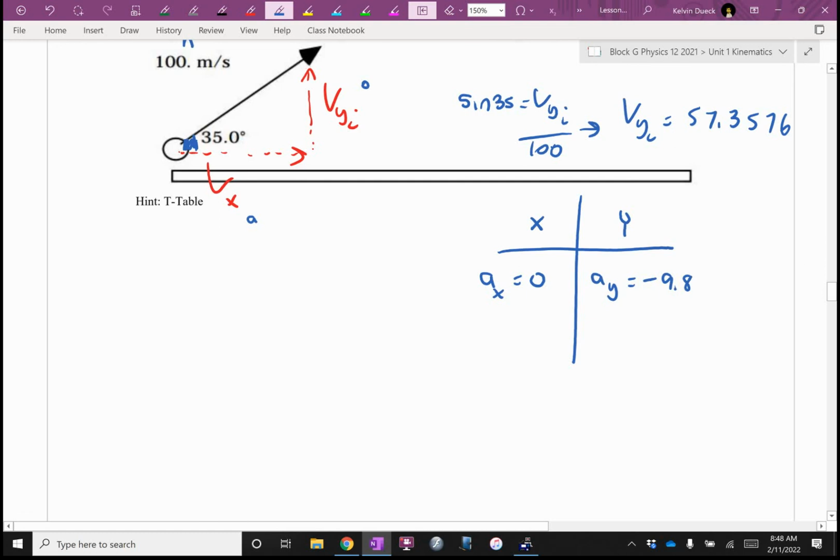I can do that without even reading the rest of the question. Now, let's see. I guess I can say Vx equals 81.9152. I can say Vy initial equals 57.3576.